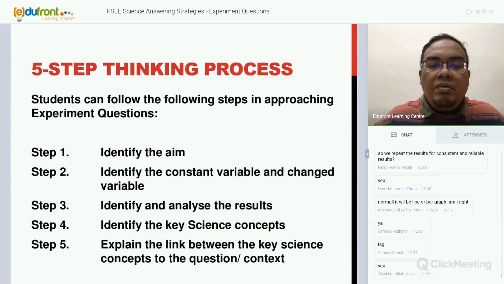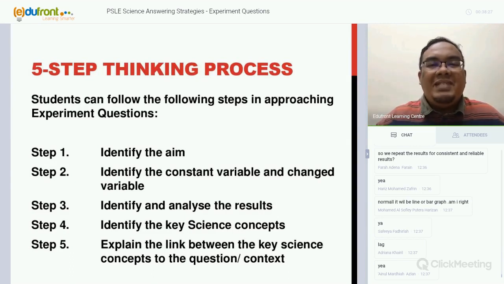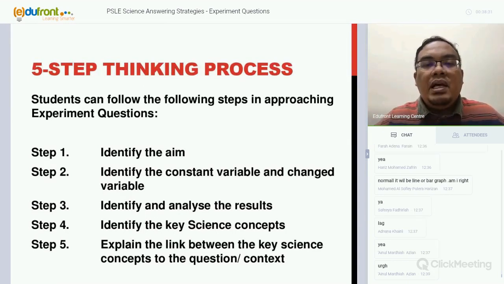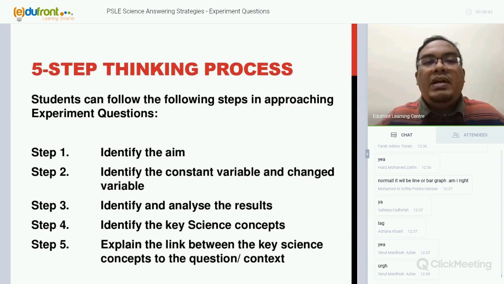And sometimes the examiner wants to be cheeky, wants to be naughty. They purposely put more than one change variable. Why? Then one of the questions will be, is this a fair test? And then they ask you, why is this not a fair test? Or why do you think it's a fair test?